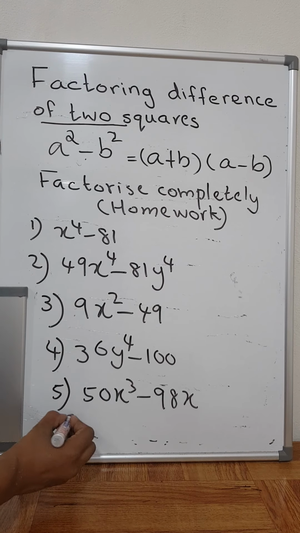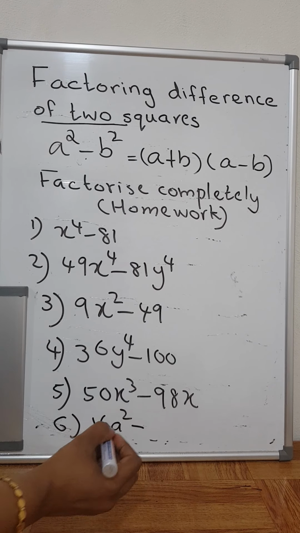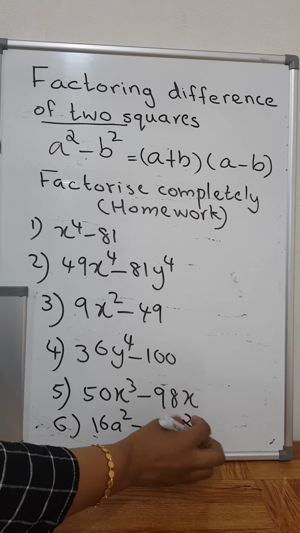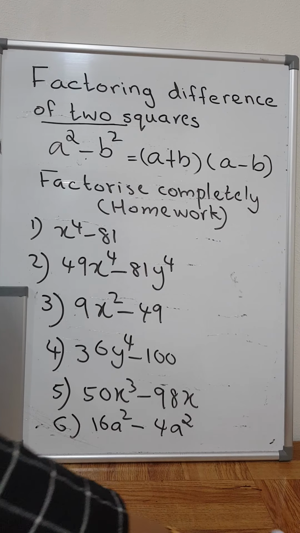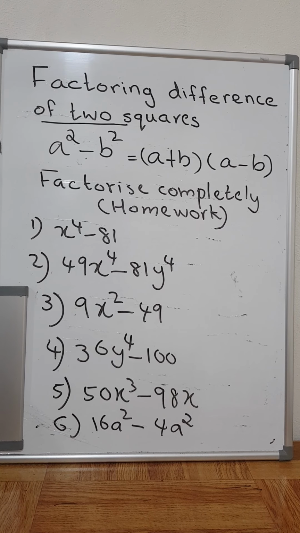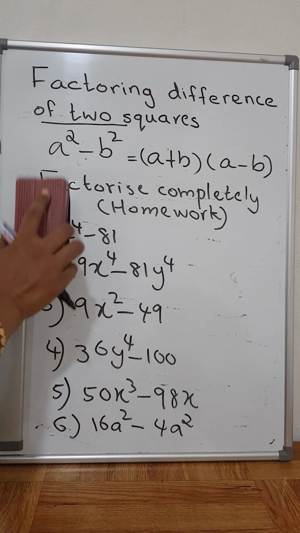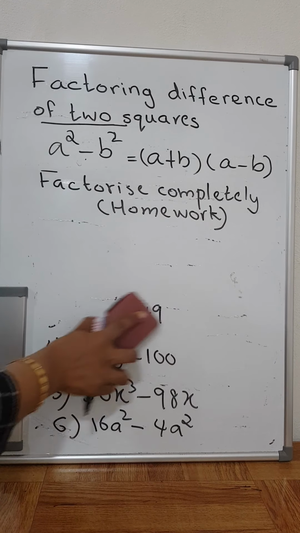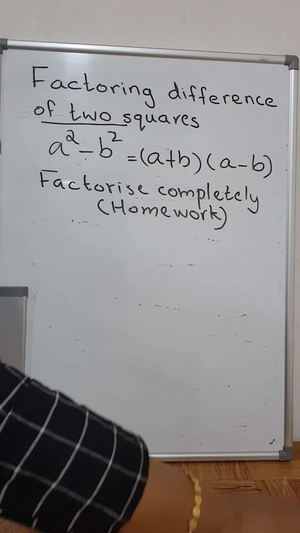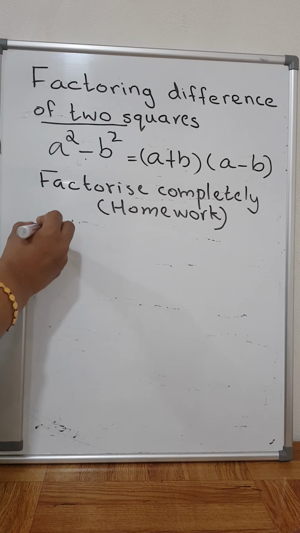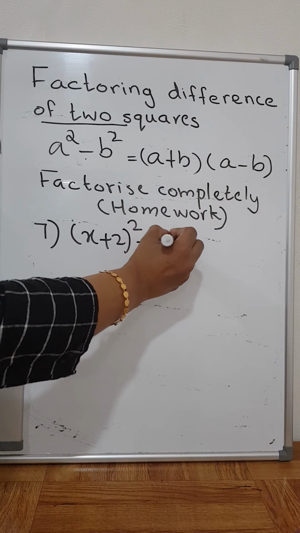Sixth one, 16a square minus 4a square. Seventh one, x plus 2 the whole square minus 25.